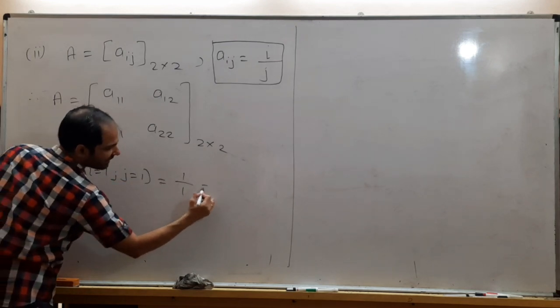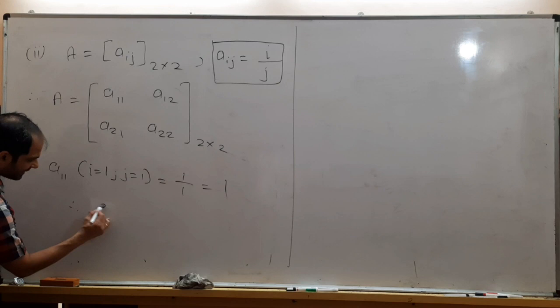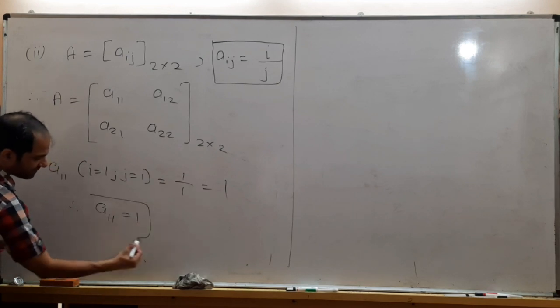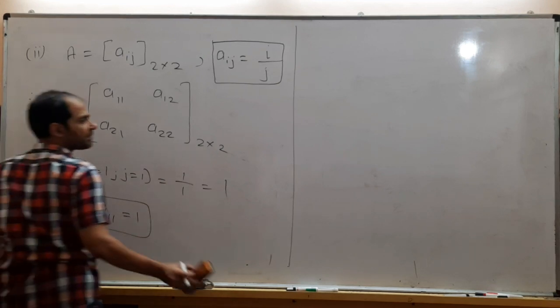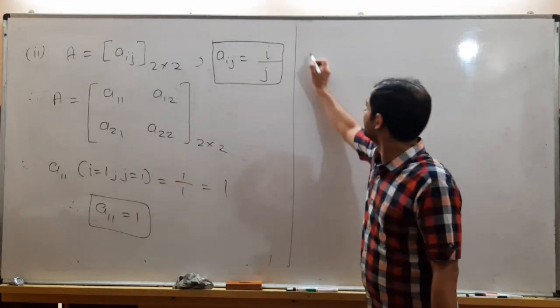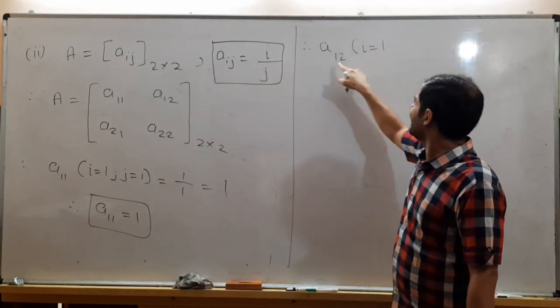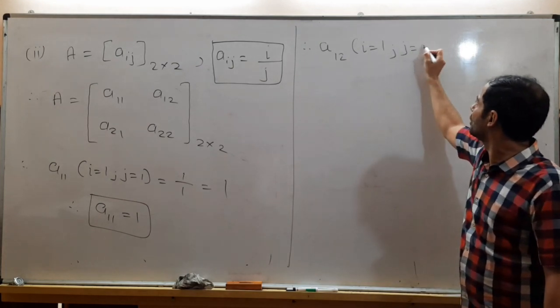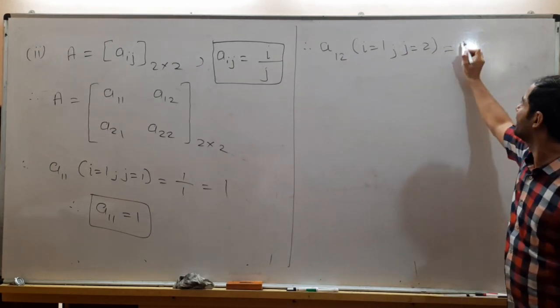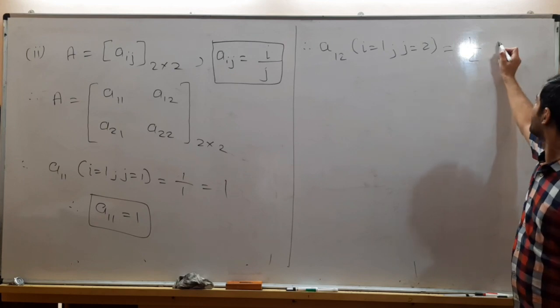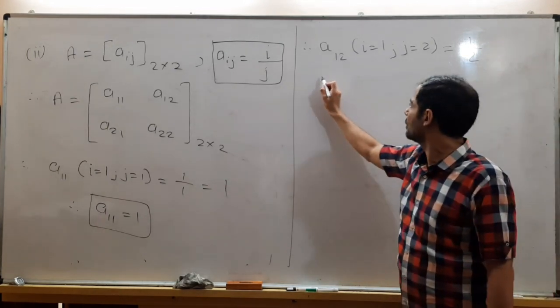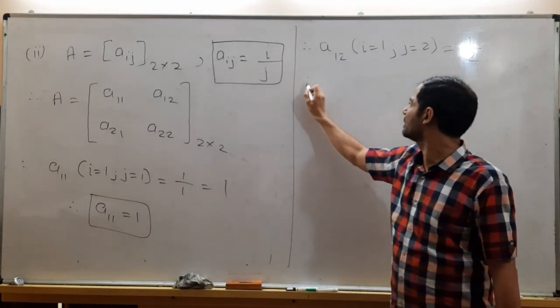So for A11, I is 1, J is 1. So it's 1 by 1 is 1. So I can say A11 is 1. Easy. For A12, I is 1, J is 2. So answer will be I by J. So it's 1 by 2. So therefore A12 is 1 by 2.